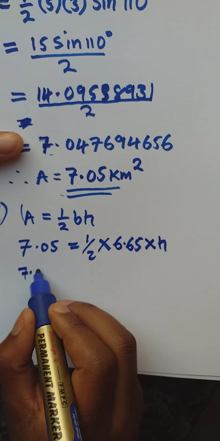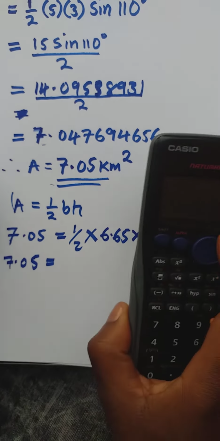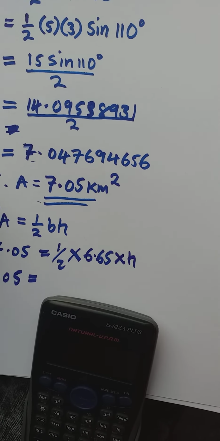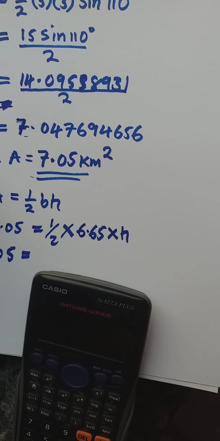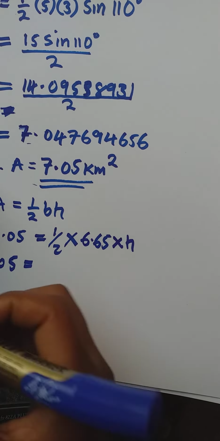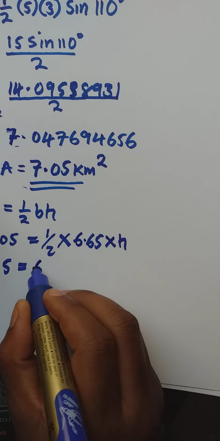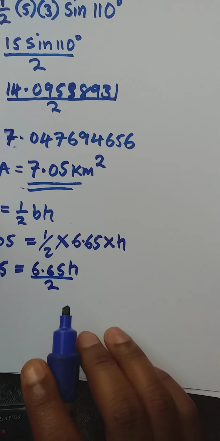So it's 7.05 equals, so we do the multiplication here. It's 1 times 6.65 times h. So we get 6.65h over 2.